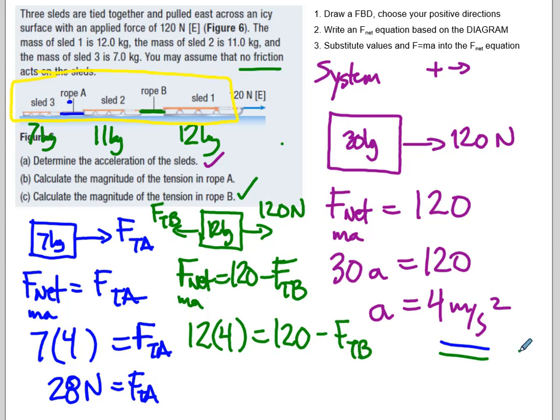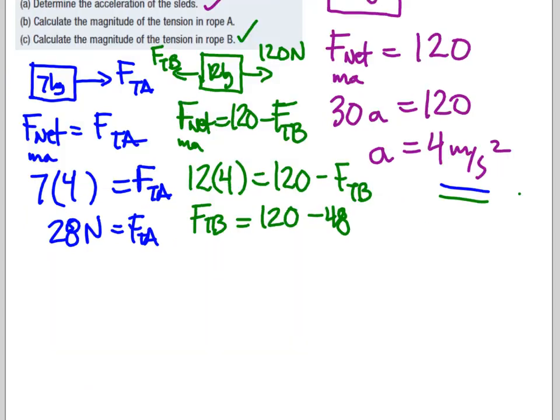Okay, so I'm just going to rearrange the problem. So I'm going to have the tension in rope B equals 120 minus 48. Give ourselves a little bit more room here. And then the tension force in B is going to be 120 minus that 48, so 72 newtons is the tension in rope B.